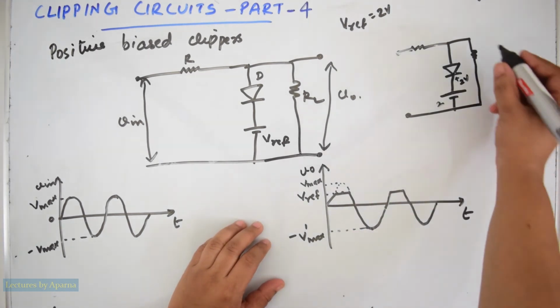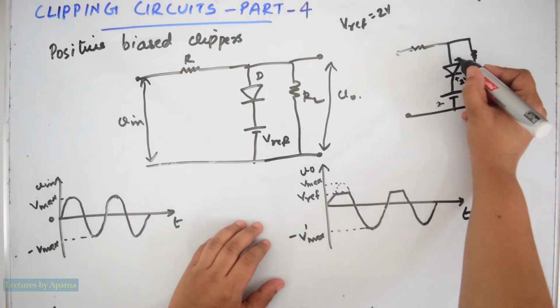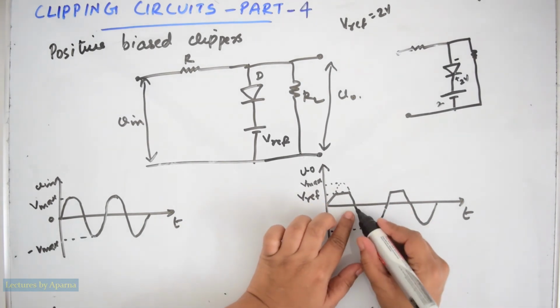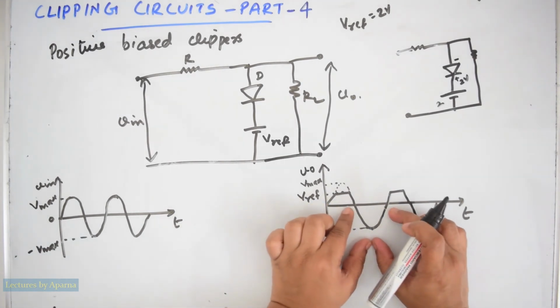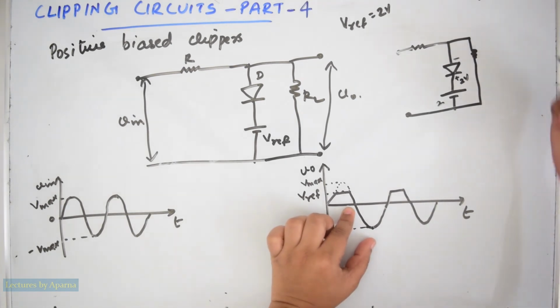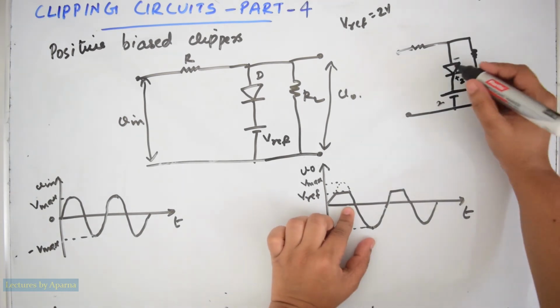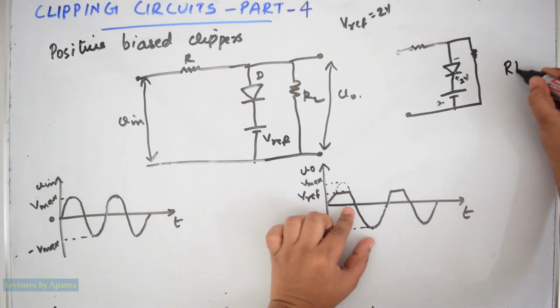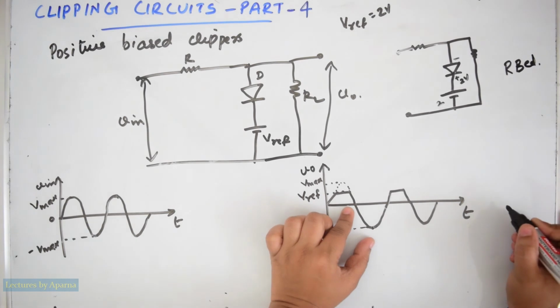During the negative half cycle, the voltages will be negative voltages. The negative voltages will be coming at the anode. So what happens? During the negative half cycle, this diode will be reverse biased.